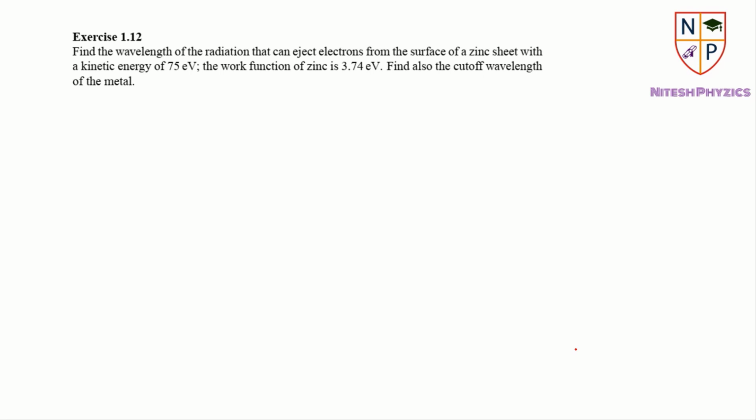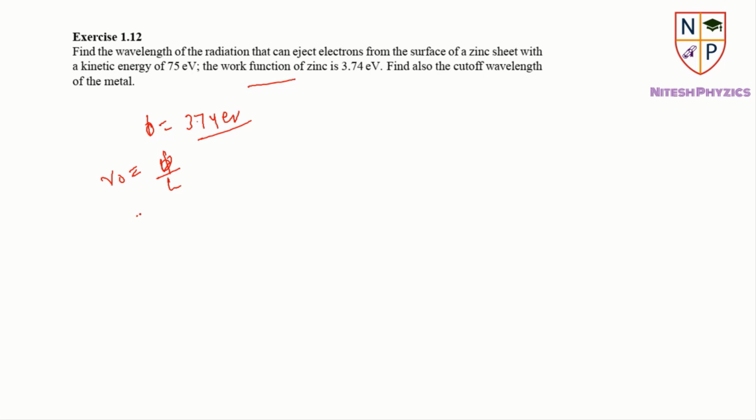So this is also a very simple problem. Given work function, the value of phi is around 3.74 electron volt. Now calculate the value of nu naught. Nu naught will be phi by h.